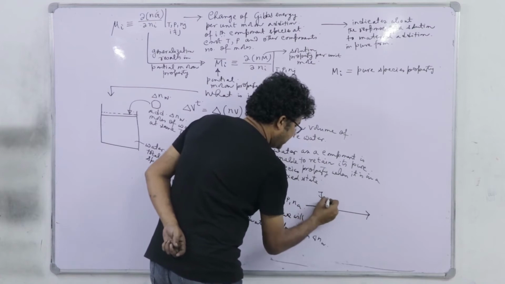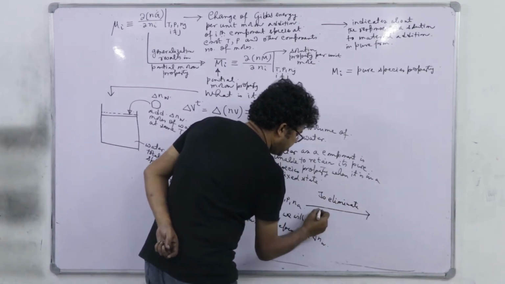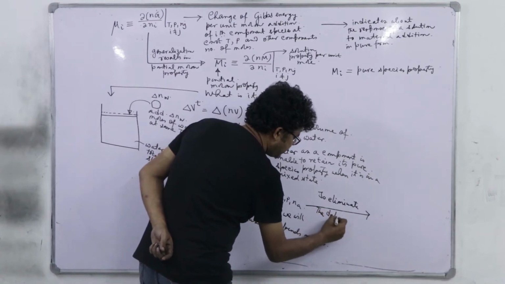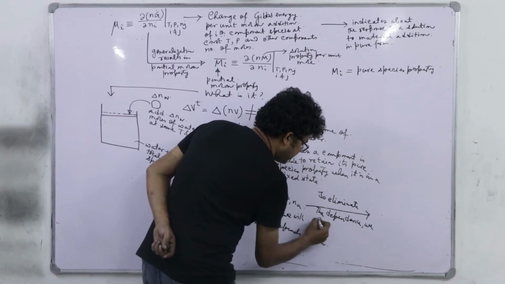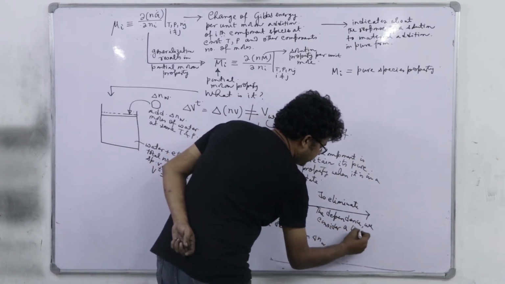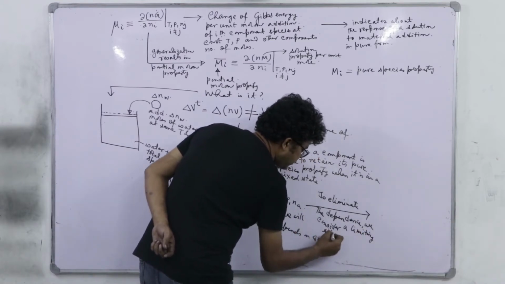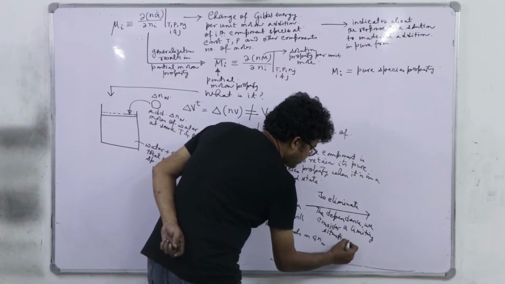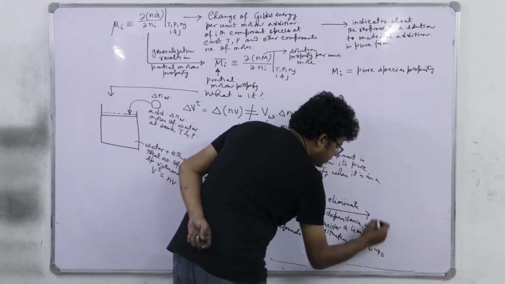So, we can eliminate the dependence if we consider a limiting situation, that is delta N w tending to 0.